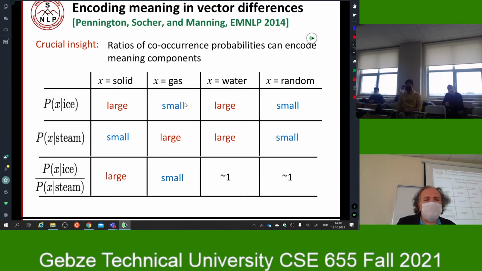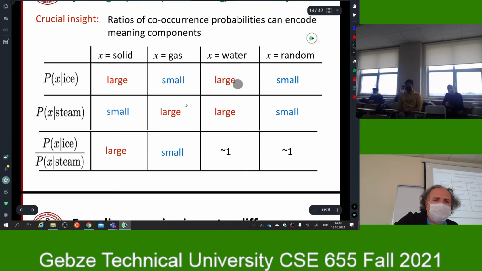So we are going to take the ratio of this one to this one. I am trying to find the vectoral difference between ice and steam over the solid. This one is large, this one is small. If you divide them, the result is large. This one is small, large. If you divide it, small. Large, large, it is around 1. Small, small, it is around 1.